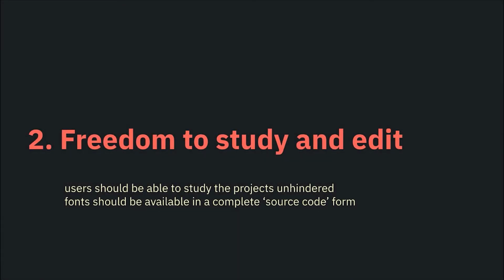The second freedom is the freedom to study and edit. Users should be able to study the projects unhindered, so the fonts should be available to users in a complete source code form. This freedom is a crucial component of this open source model, so it incorporates some important requirements.